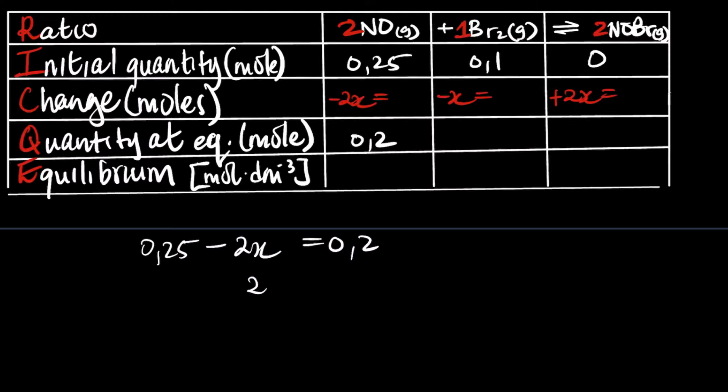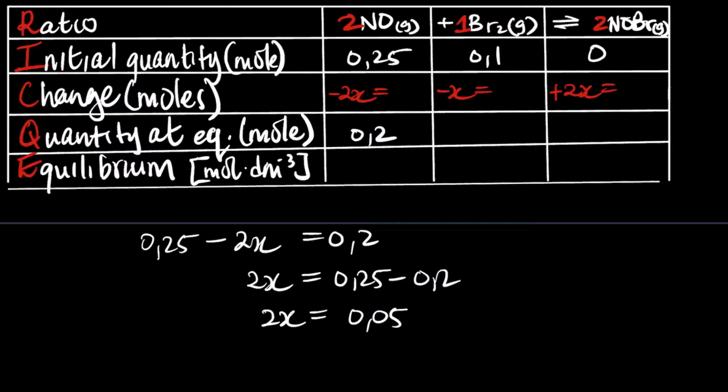If you do the math, 2x is equal to 0.25 minus 0.2, which is 0.05.